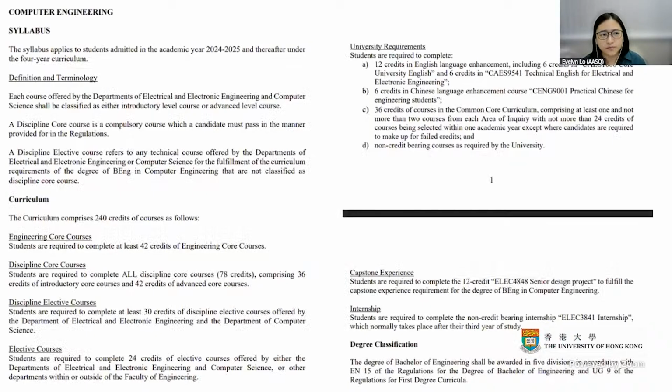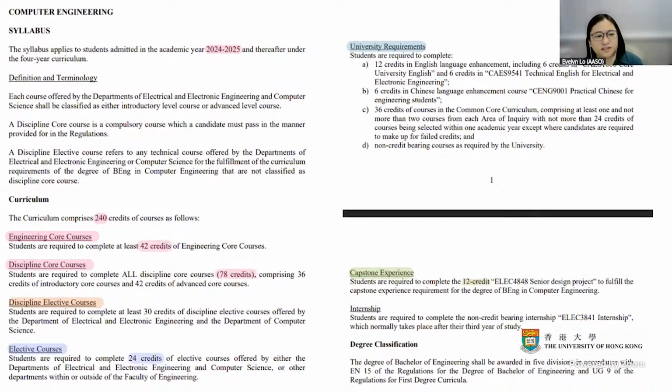Let's also look at computer engineering, because most of you are from engineering, right? Again, it's not for your year, it's 24-25. Again, you do 240 credits because it's a 4-year curriculum, and there will be core courses, disciplinary electives, the university requirements within the UG5, the capstone experience, and the elective courses. But the difference will be in the credit numbers.